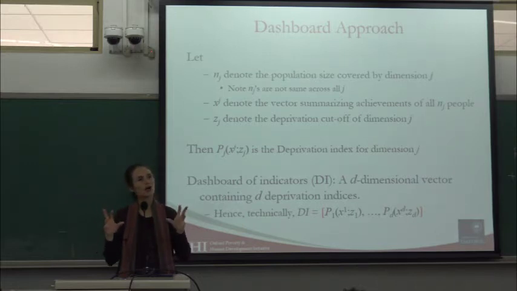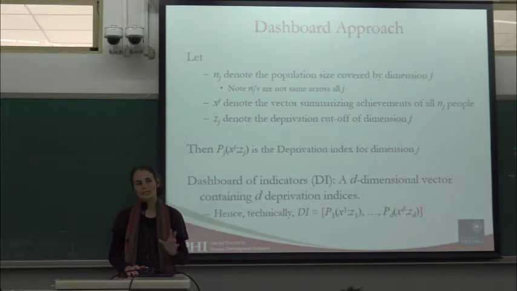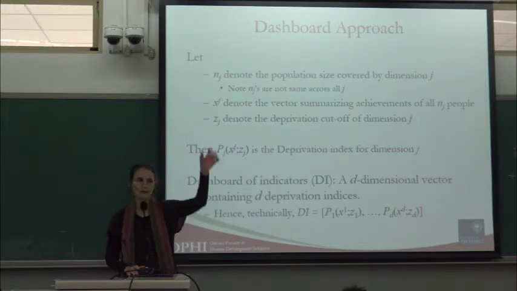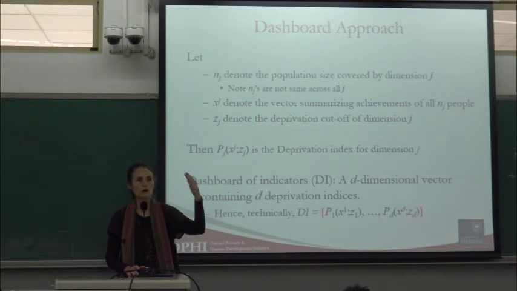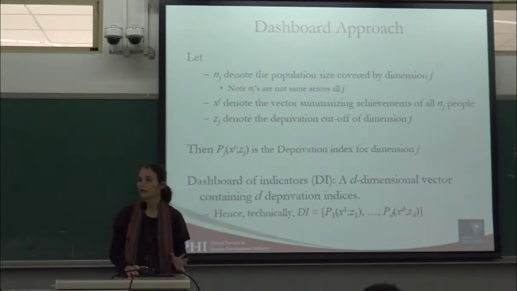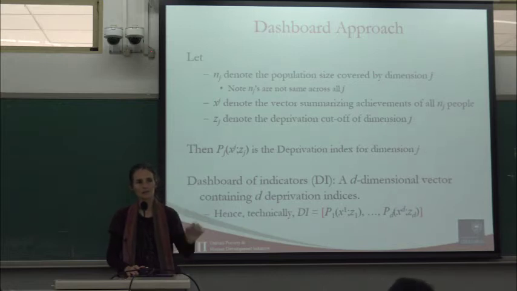The number, the denominator of these dashboard indices will be different. We're going to have xj denote the vector which summarizes the achievements. So this is a column vector where each child or each woman or each person in the society has one entry. And xj is the vector.